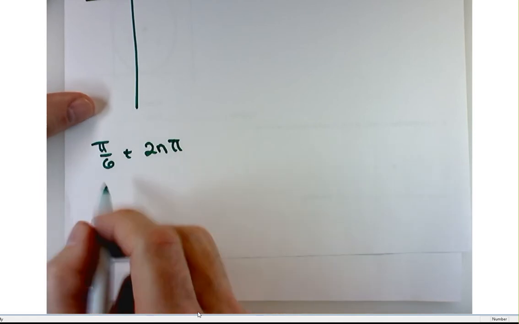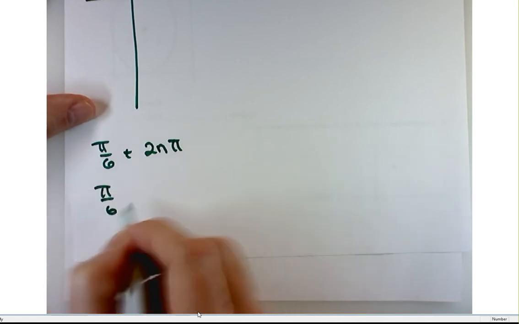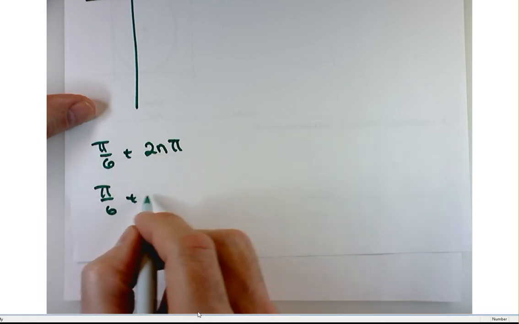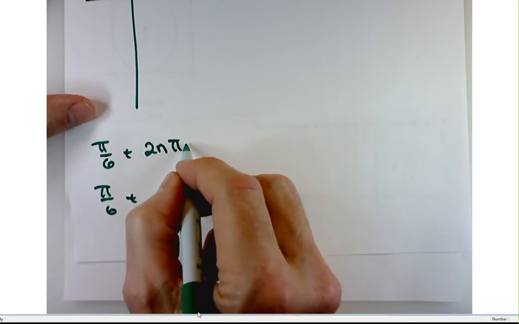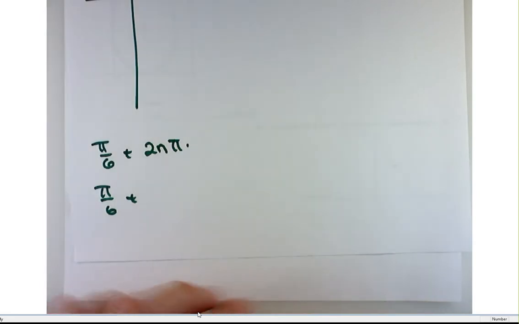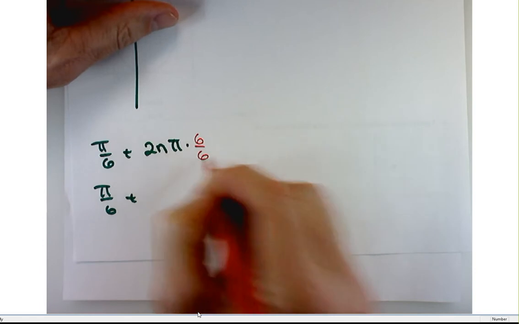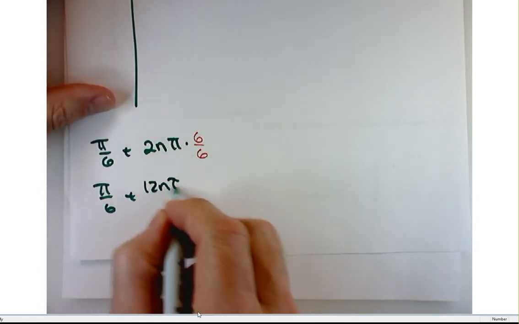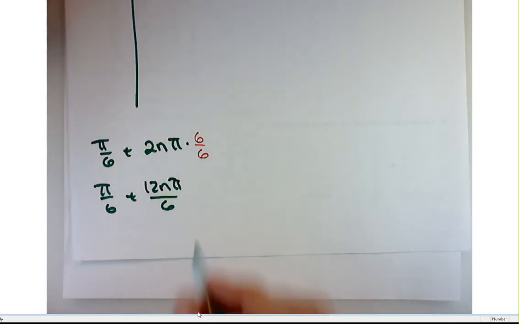And, well, it'd be helpful if I had a common denominator. Right now, you can think of this as being over 1. So if I wanted to get a common denominator, what I could do is multiply by 6 over 6. That'll give me 12n pi over 6.